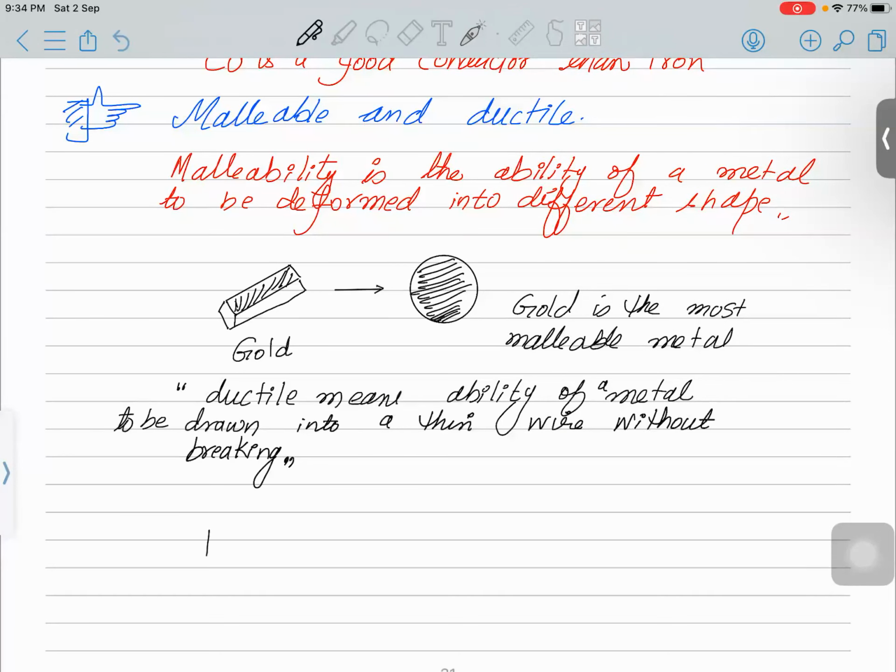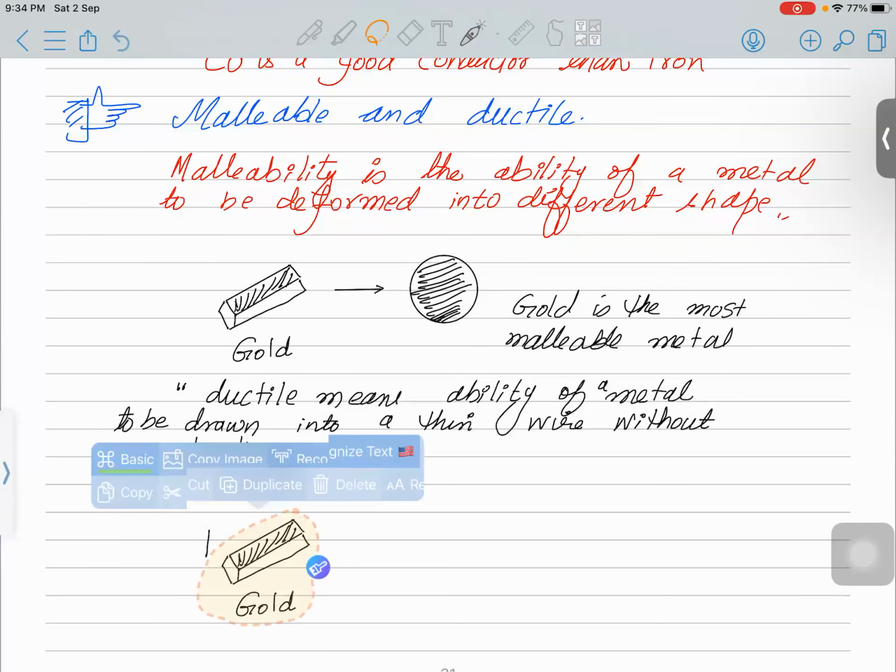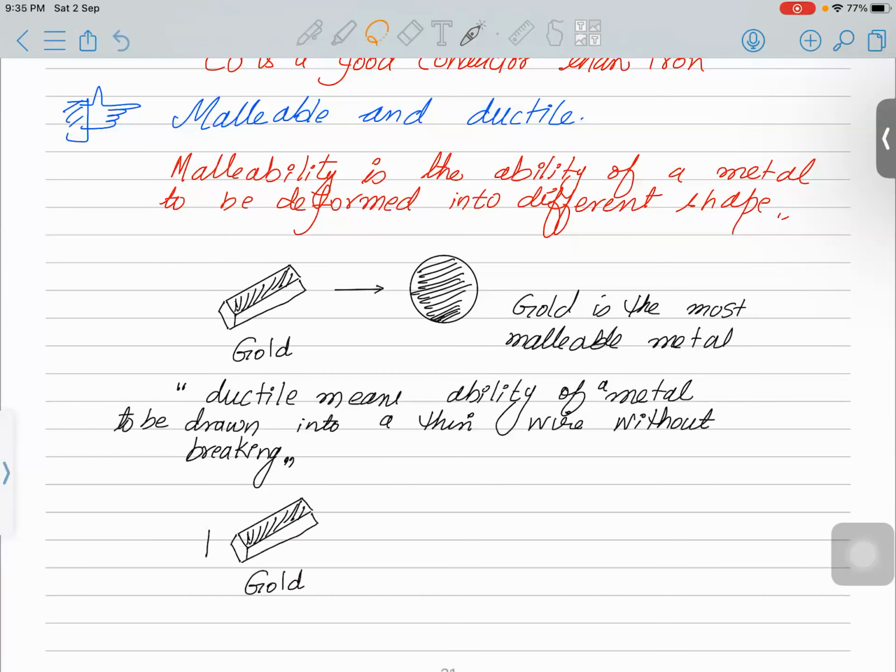Let's suppose this is a gold bar. So we convert the gold bar into wire.